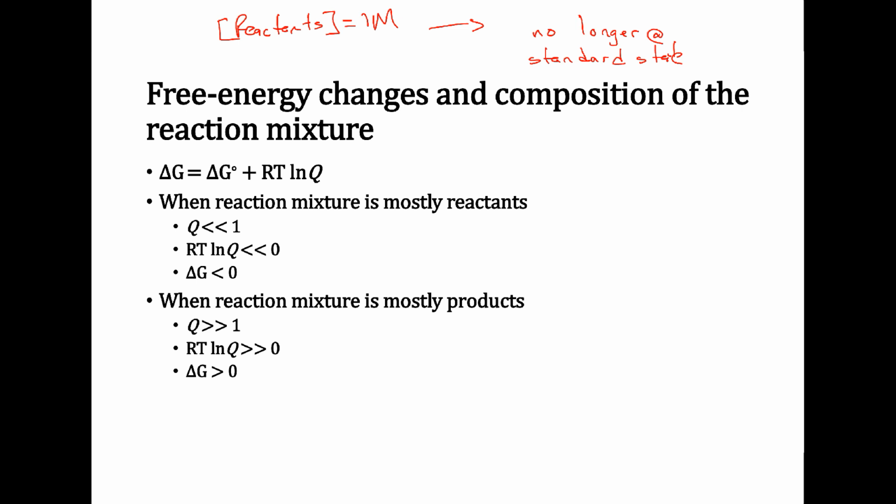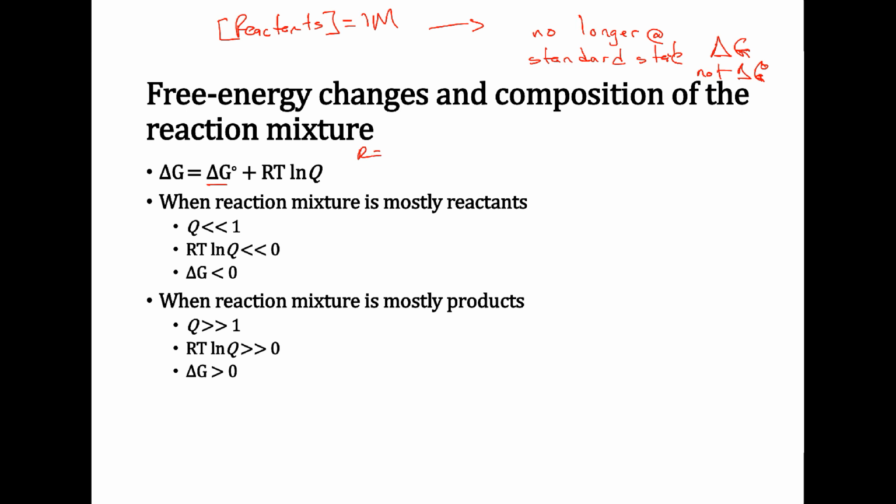So what we actually need to do to determine the spontaneity is determine delta G, not delta G standard. We have an equation for this: delta G is equal to delta G standard plus RT ln of Q. Here, delta G standard we could calculate in either of the ways that we've explored previously.